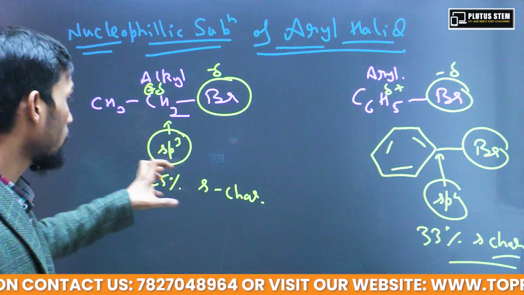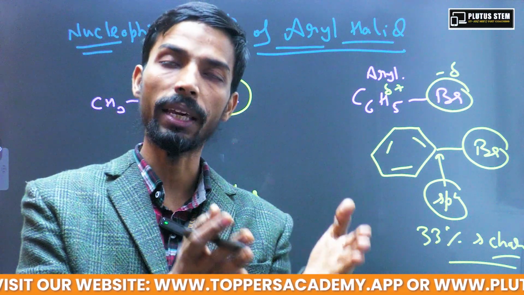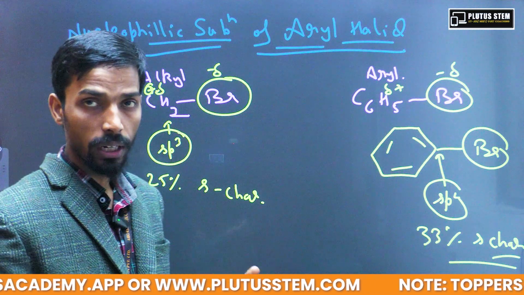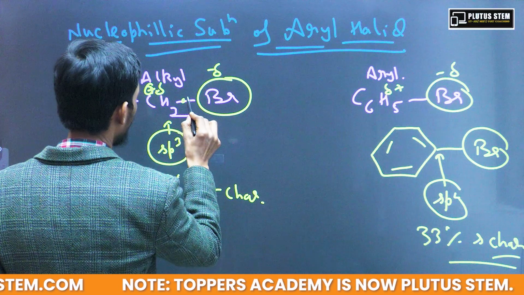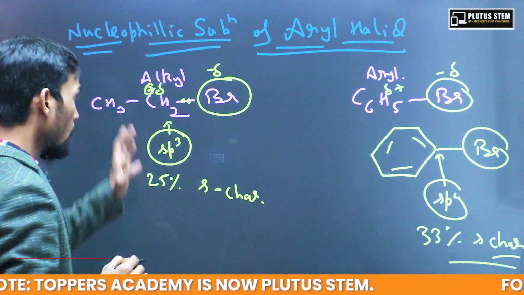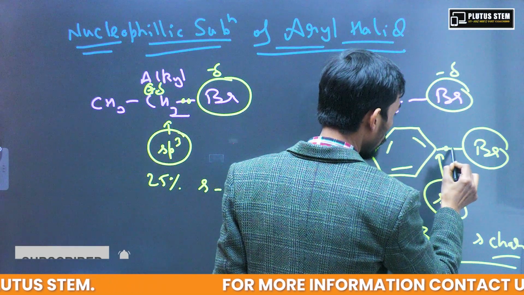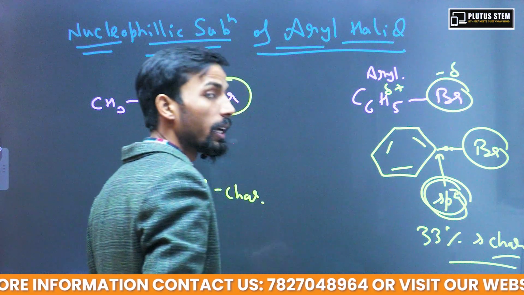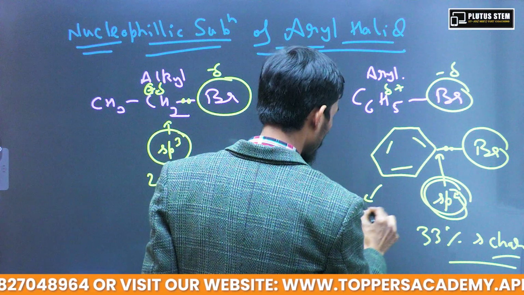And this s character is more electronegative. We know p character is more electron donating while s character is more electronegative or electron accepting. So here the lone pair is more towards the Br side, but in this case, due to the increased electronegativity of this sp2 hybridized carbon, the bond is not that polar. This bond is less polar.